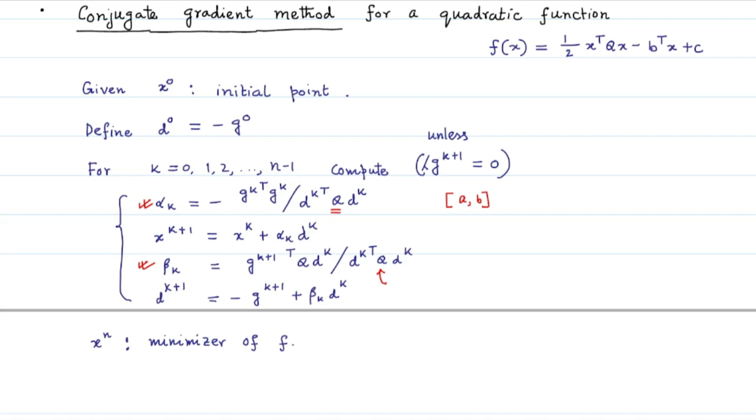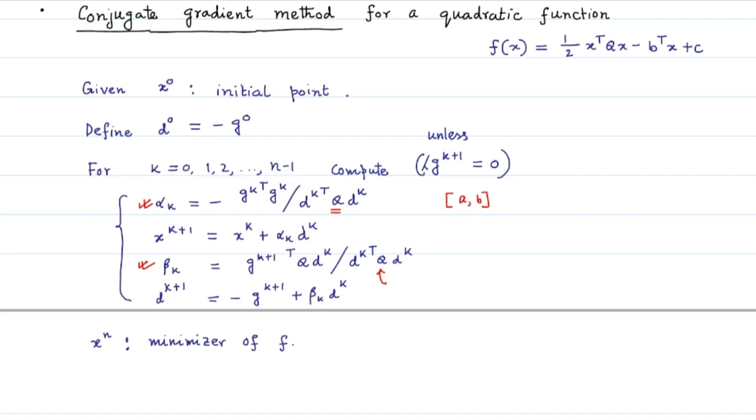And fortunately, the elimination of the appearance of this Hessian, the matrix Q, from the formula is possible, and that results in algorithms that depend only on the function and gradient values at each and every iteration. We shall now discuss modifications of conjugate gradient algorithm for a quadratic function for the case in which the Hessian is unknown but in which the objective function values and gradients are available.